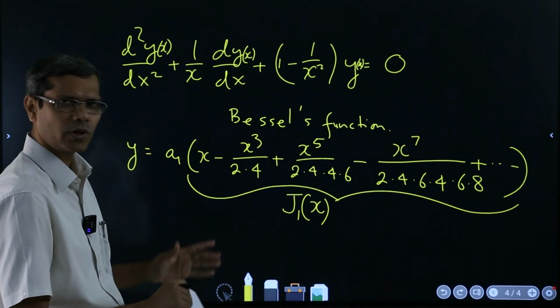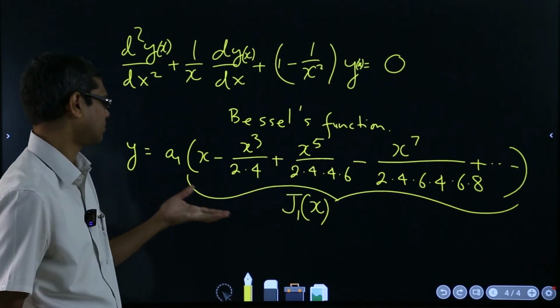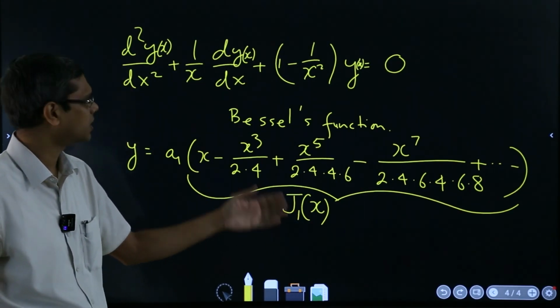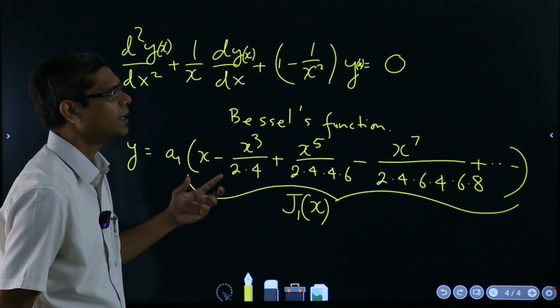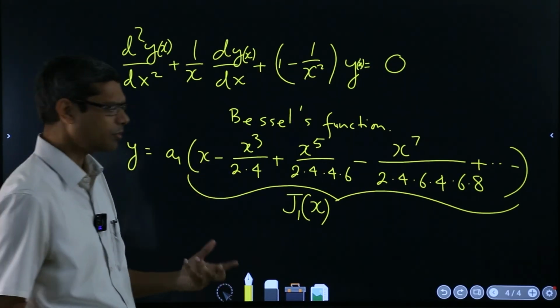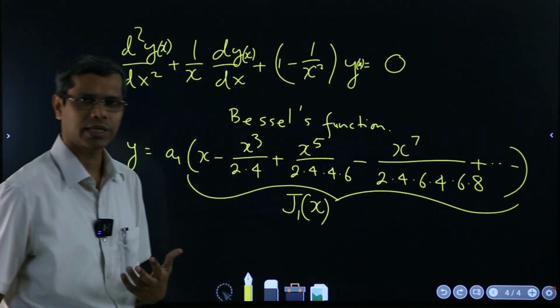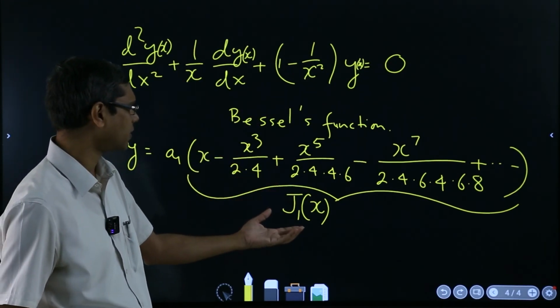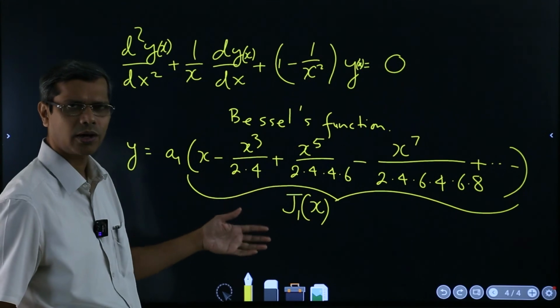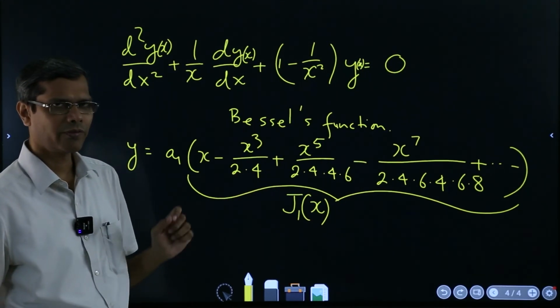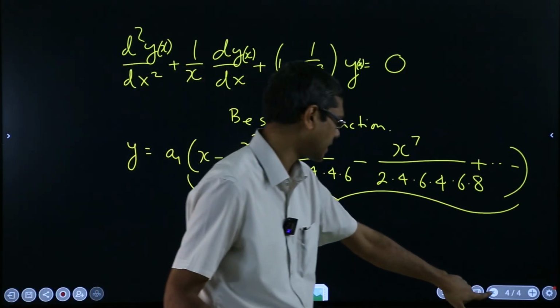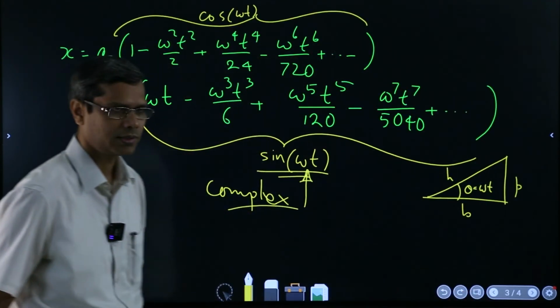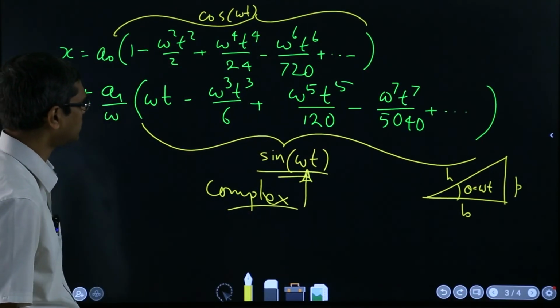So I just wanted to make the point that Bessel functions are nothing but some special symbols, exactly like sines and cosines, which we have given to those expressions. So Bessel functions and Neumann functions are also symbols which we have attached to big expressions like that, infinite series of summations.